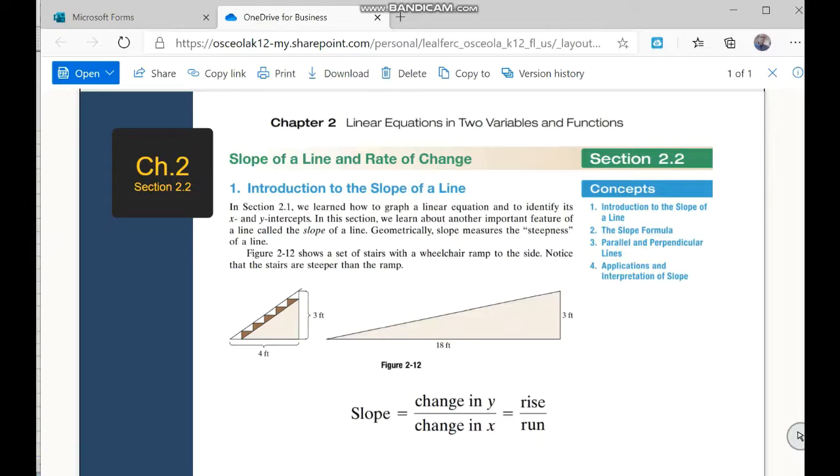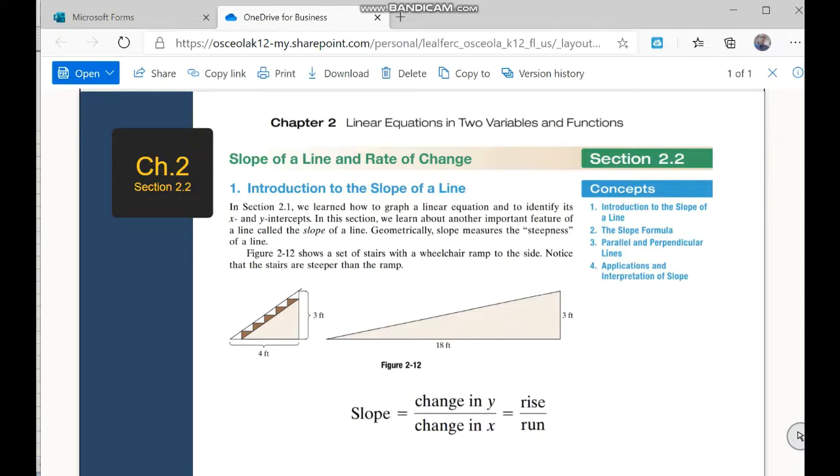Have a look at these two slopes here. On the left we have a set of stairs. It's very steep, it goes up, it's more difficult to climb, right? And on the right hand side you have a ramp.